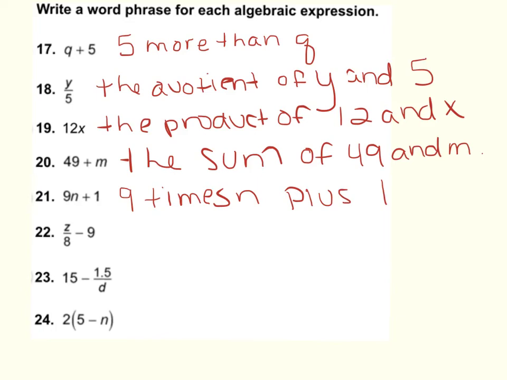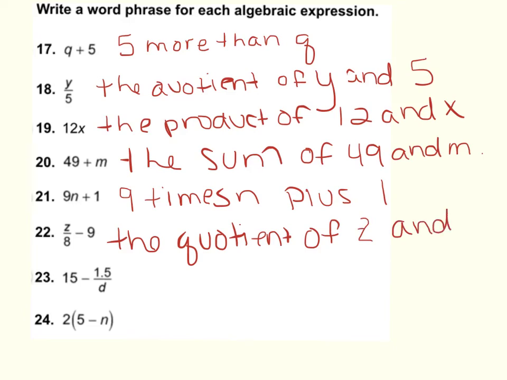Then number 22, the quotient, because we're dividing, of z and 8 minus 9. Or we could say 9 less than the quotient of z and 8. And we'll skip those two.